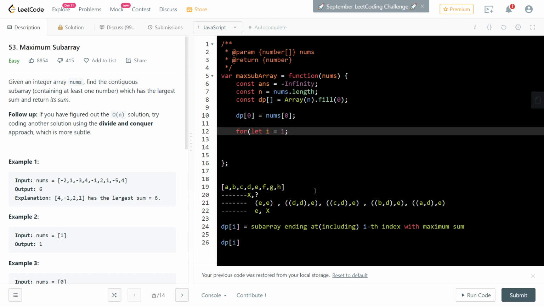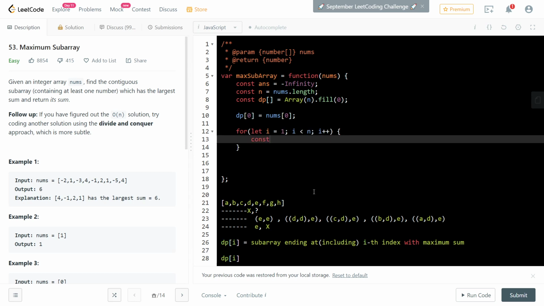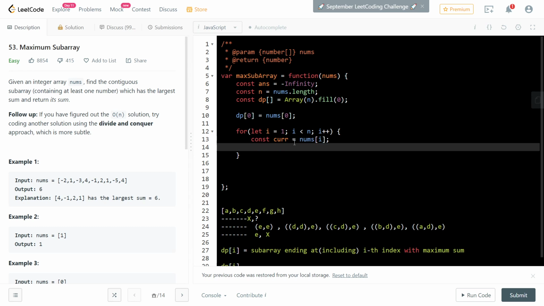Then we start from the first index, because we have already considered 0, while i is less than n, right? So what is the current value, or we can just call it current value, which in our case was e. So current value is num_i. Then what will be the value of dp i?